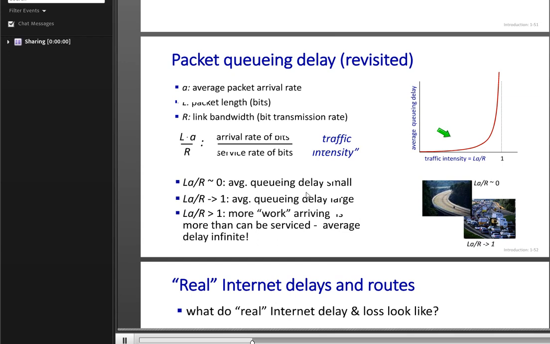Look at this chart at the right side. Here you can see that if the traffic intensity is low, the average queue delay is low too. But as soon as the traffic intensity increases, from this point here, you can see the delay increases exponentially.